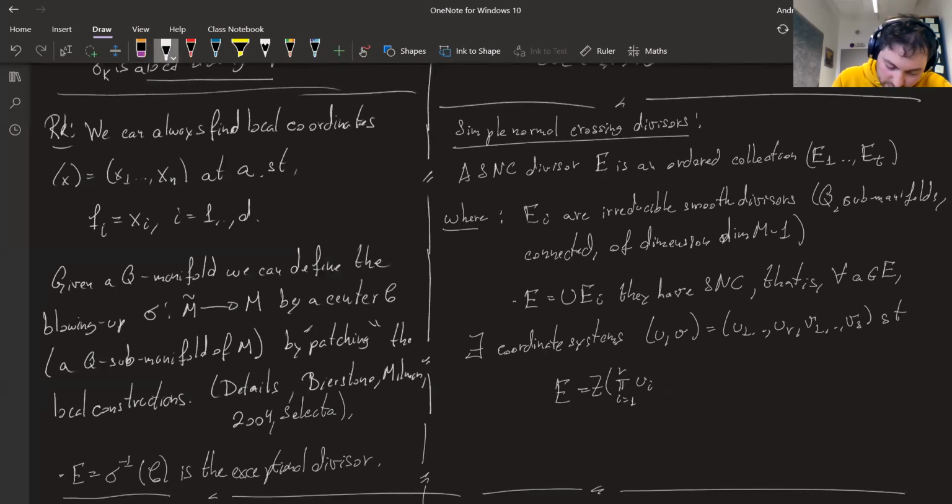So when all of them are equal to 0. This is essentially what we're going to do.